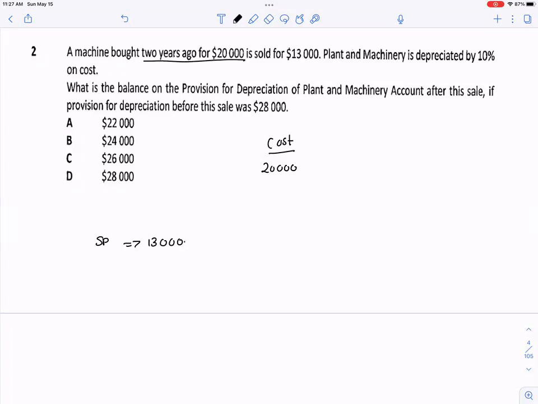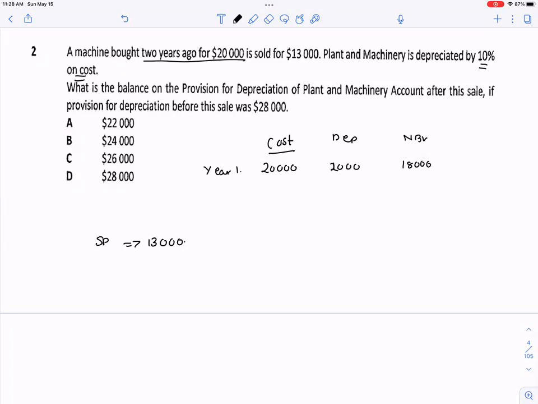Machine is bought 2 years ago for 20,000. That means in year one the cost was 20,000. Depreciation is 10% on cost. That means the depreciation amount will always remain the same. So 10%, sorry, 2,000 depreciation in the first year. Net book value will be 18,000. Do you all agree with me?